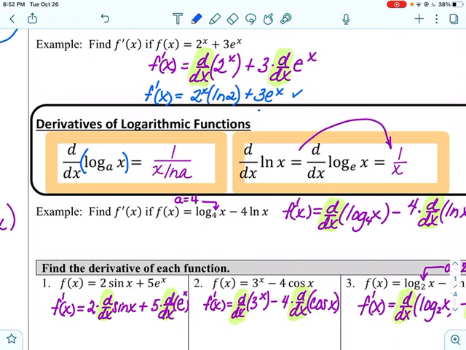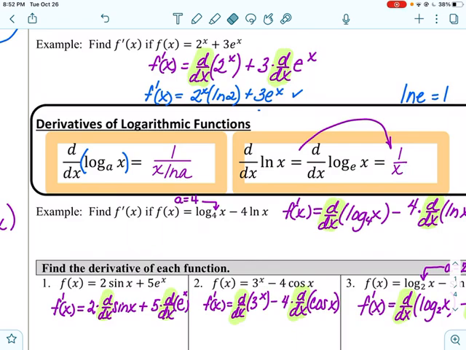Then the derivative of ln of x is equal to the derivative with respect to x of log base e of x. So I'm going to sneak this in here for a second. The base is e, so you can see that I could write it like that. But ln of e is equal to 1. So most of the time we just leave that out and say 1 over x is the derivative of ln of x.